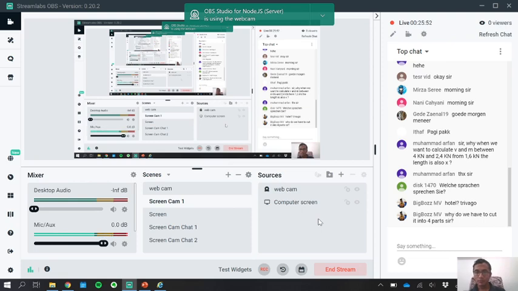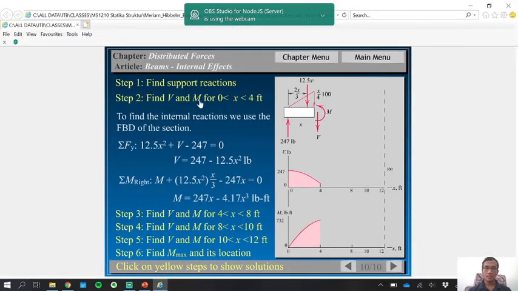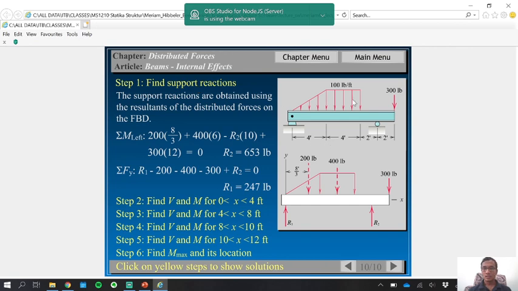Rafi asks why we have to cut it into 4 parts. Because we can't represent the whole beam with only one equation, Rafi.